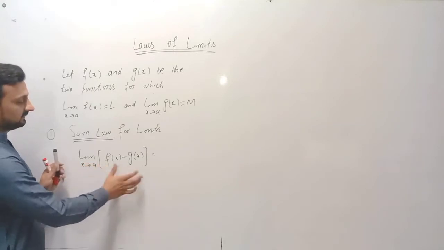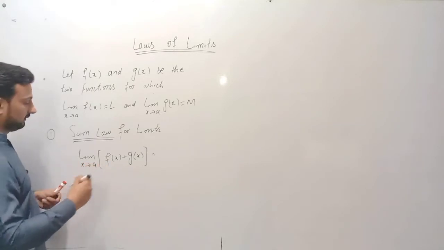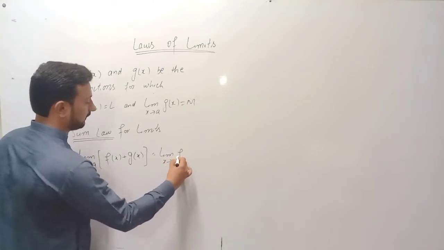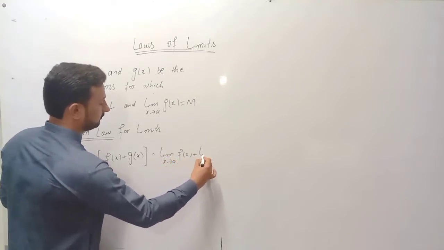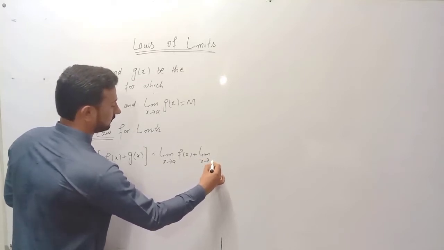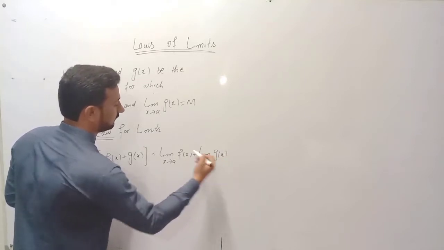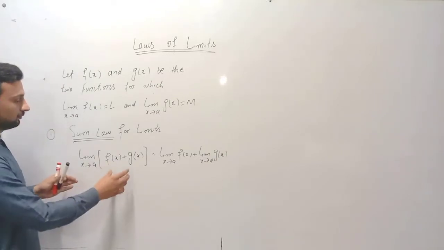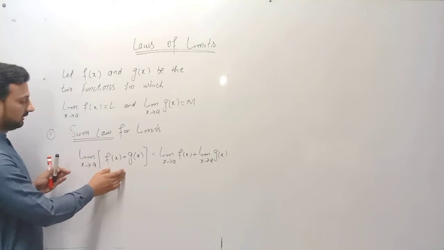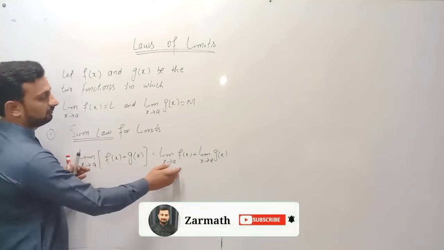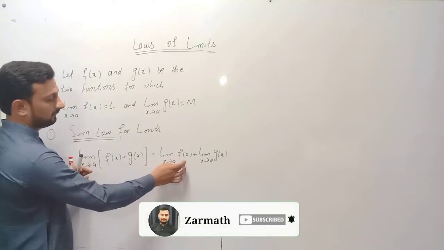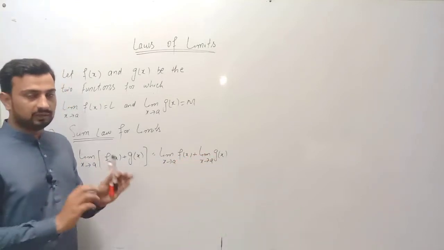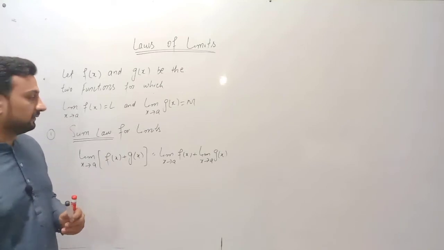You will apply limits separately on each of these functions: the limit as x approaches a of f of x plus the limit as x approaches a of g of x. When two or more functions are put together and you have to evaluate the limit, you just apply limits separately to each function.